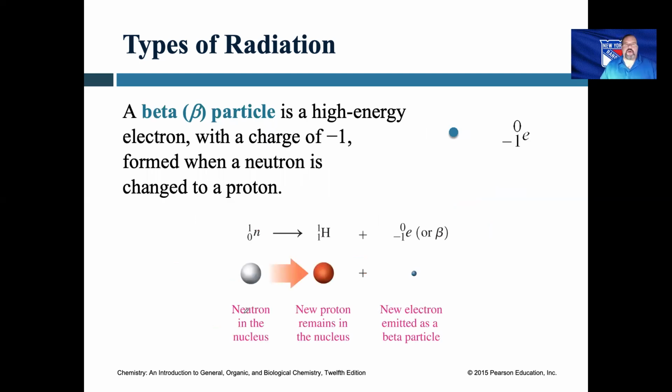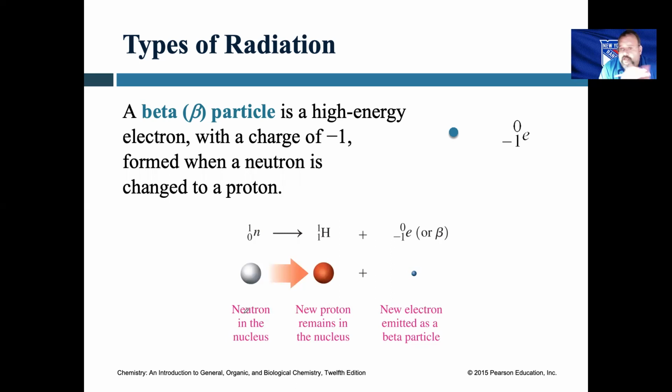Beta particles are high energy electrons. Now, essentially, the different forms of radiation are released when there is a change in what's going on inside the nucleus. And the nucleus involves your protons and your neutrons. Well, if we're looking at changes that occur inside the nucleus with protons and neutrons, how is an electron released?